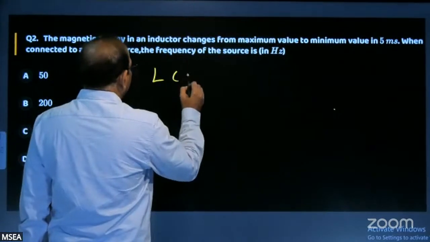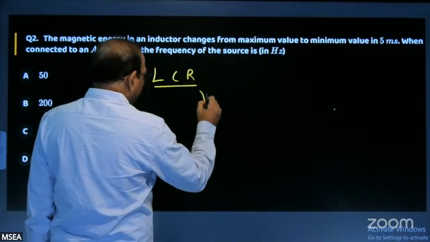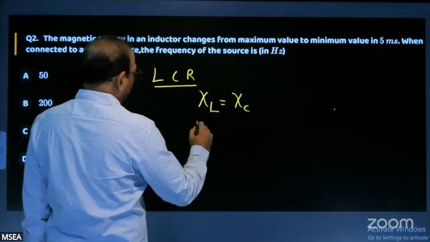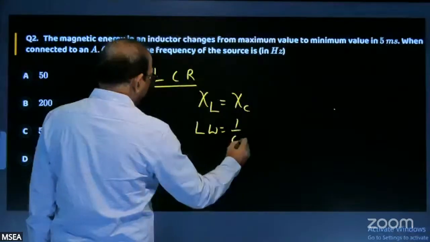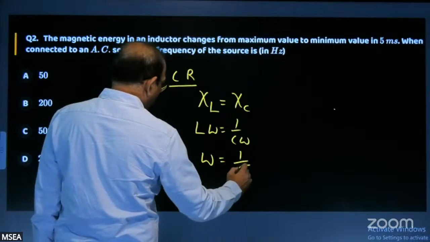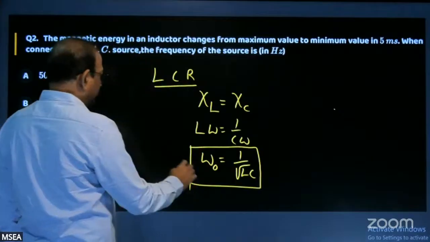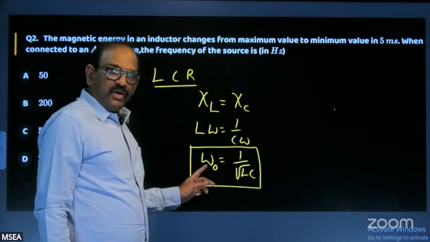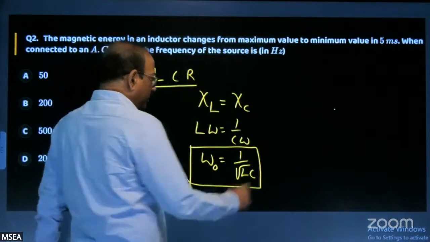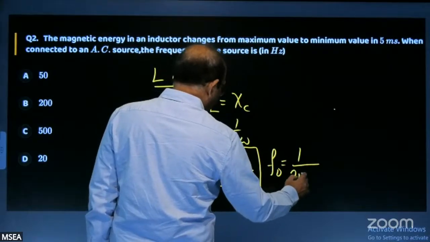Now in LCR series circuit, when it is in resonance, when the inductive reactance and capacitive reactance are equal, when L omega is 1 by C omega, that means when omega is 1 by root LC, this is called resonance angular frequency.